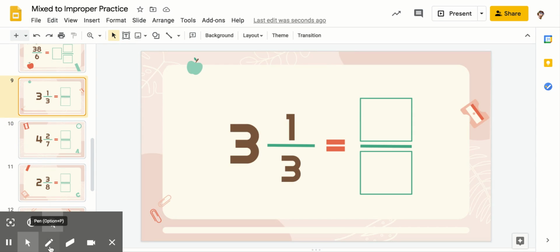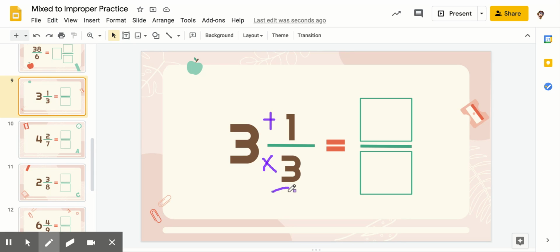So remember our rule. When we were going from a mixed number to an improper fraction, we go from the bottom and we basically work our way around. We do our denominator times our whole number and then add our numerator to whatever that is. We work up and around, right? So we'll do 3 times 3 to get however many I have out of 3 groups of thirds, right?